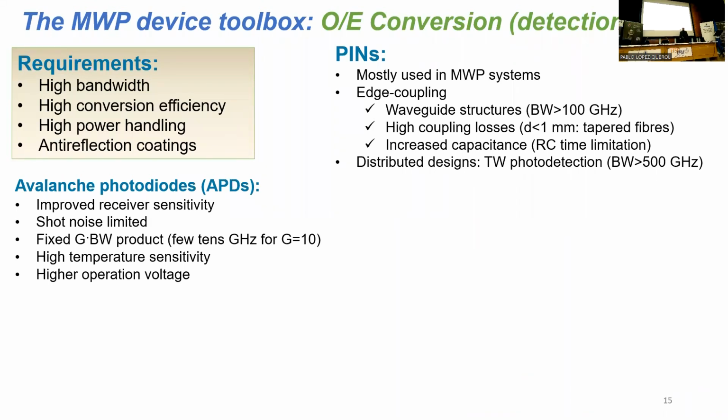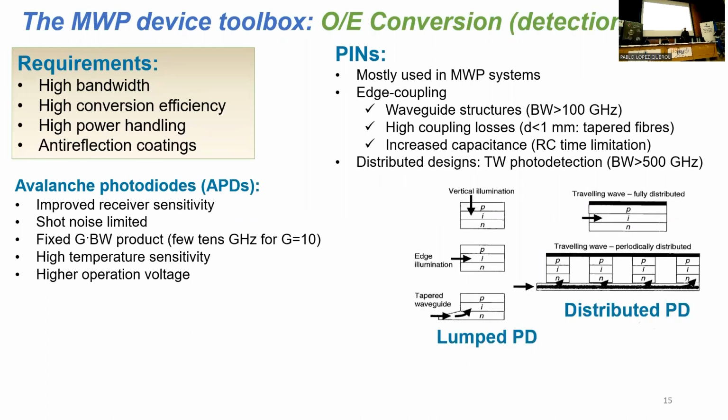So we have two options: the typical PIN photodiode, which is the most employed solution right now, and we could also use avalanche photodiodes, but this is not so interesting because we don't get much advantage from that. We want higher power. We will use optical amplifiers in our links.